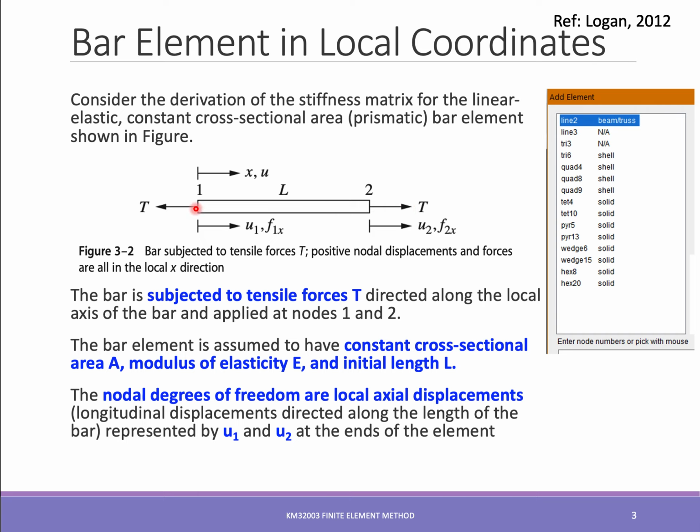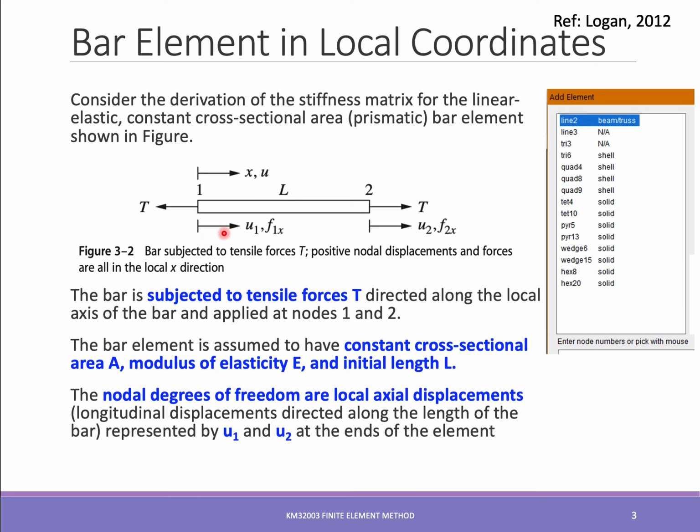As you can see, we represent the bar with a rectangular shape, with a length of L and two nodes, and the force T acting at node number 1 and node number 2.